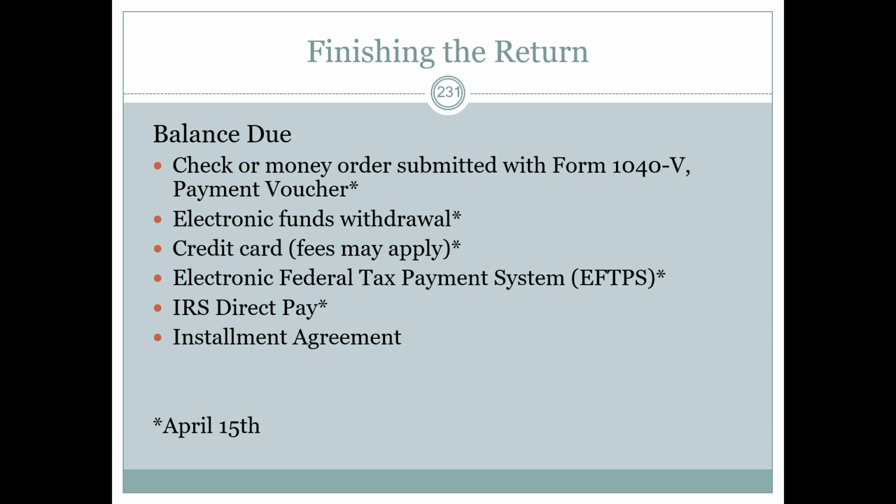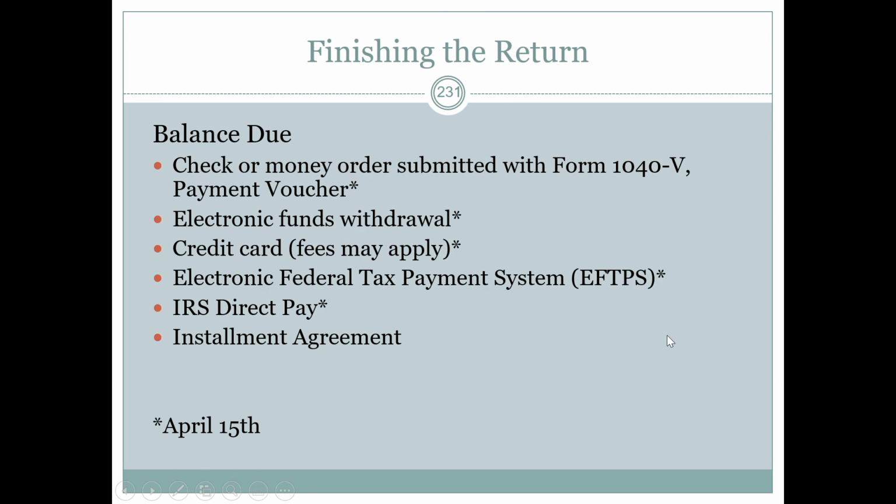And for individuals that cannot pay their balance in full, they can opt to set up an installment agreement with the IRS. That means they will determine a particular date of the month and the amount that they are able to pay. For each month on that date, they will have to submit their payment, or the IRS can take that payment out of their account.